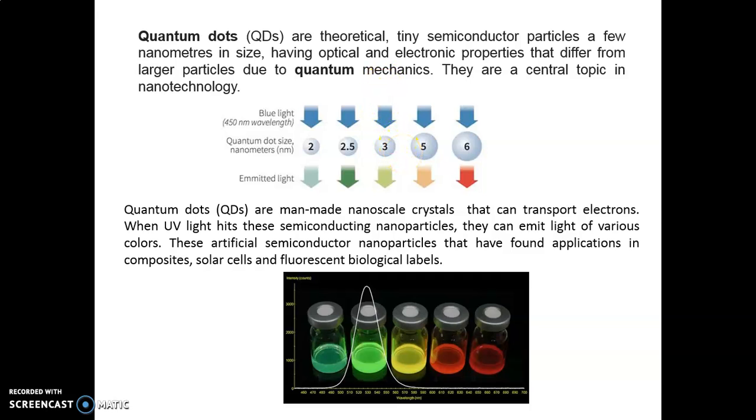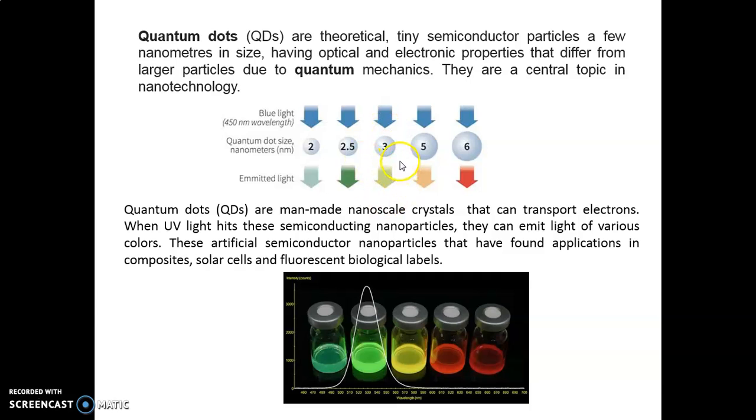They are a central topic in nanotechnology. Here you can see this blue light. When you apply blue light at a 450 nanometer wavelength to a quantum dot of size 2 nanometer, the emitted light is light green, and at 2.5 it is thick green.